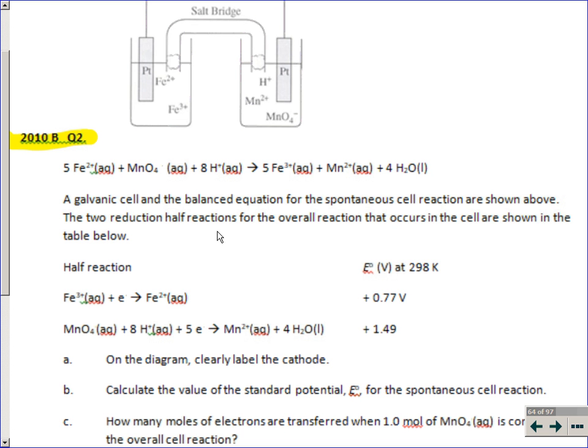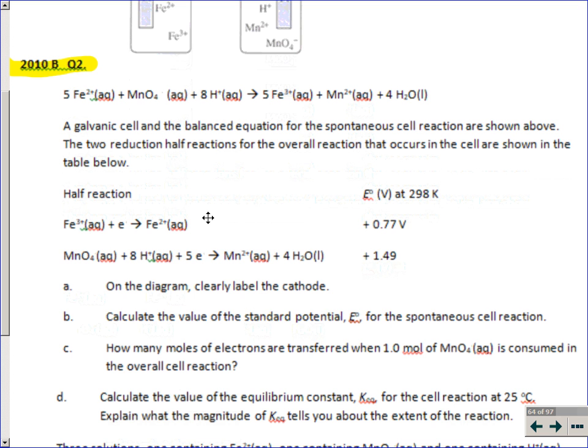So we have a balanced equation. 2 half reactions are shown below. I want you to discuss which is the cathode half reaction. You have 30 seconds.